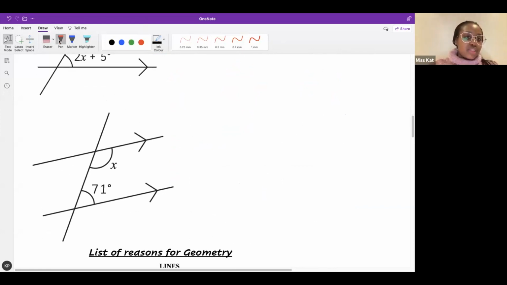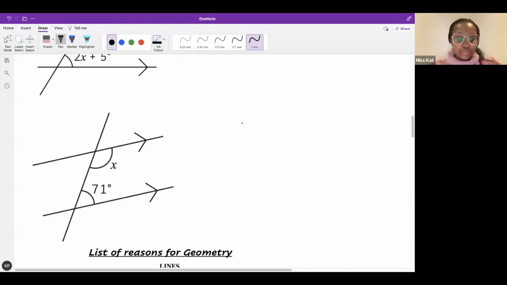X and a 71. I want you guys to solve for X. How would you solve this knowing what we have just learned right now? Yes, Lindile. Hello, ma'am. Are you going to do this one? Yes, ma'am.